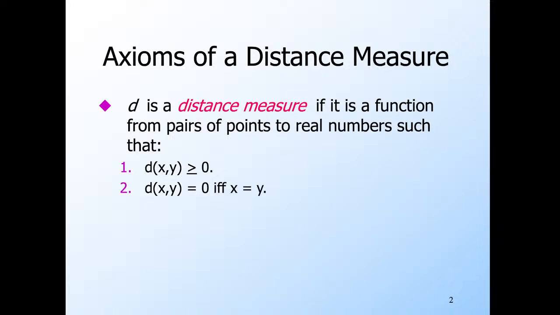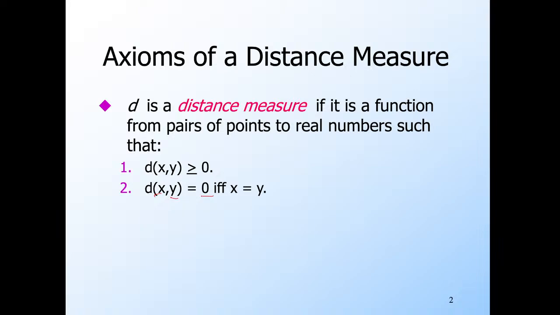The next property: the distance between x and y is 0 if and only if x is y. If and only if means that if the distance between x and y is 0, then x is y, and the reverse is also true: if x is y, then the distance between x and y is 0. The third property: the distance from x to y equals the distance from y to x.